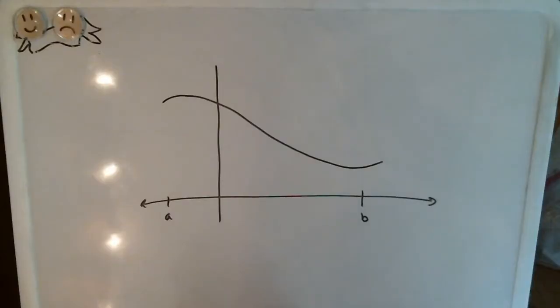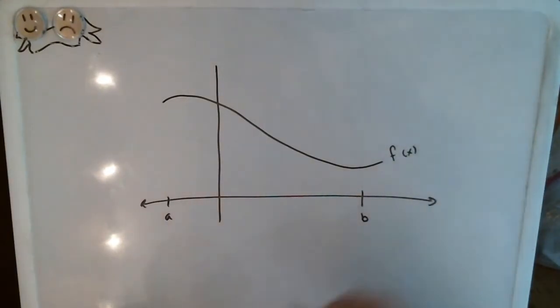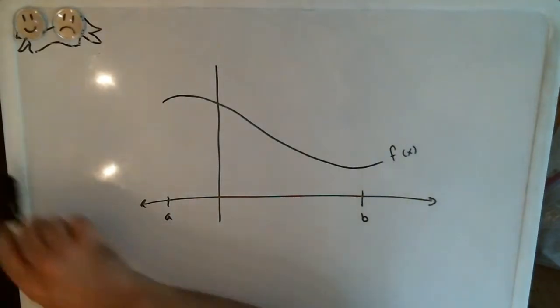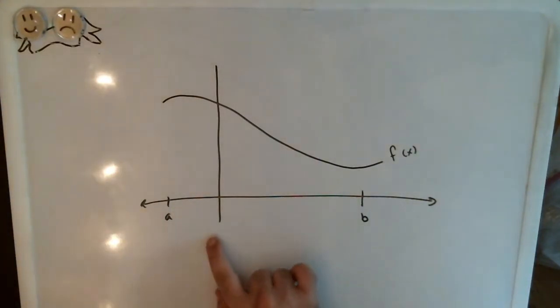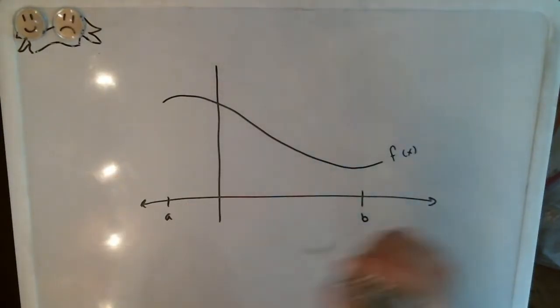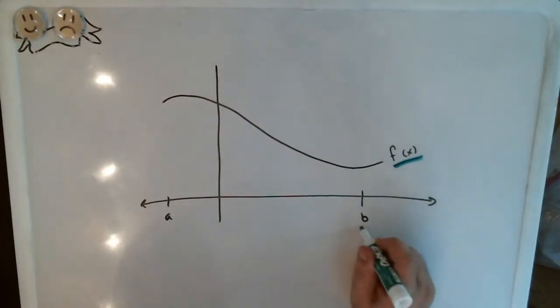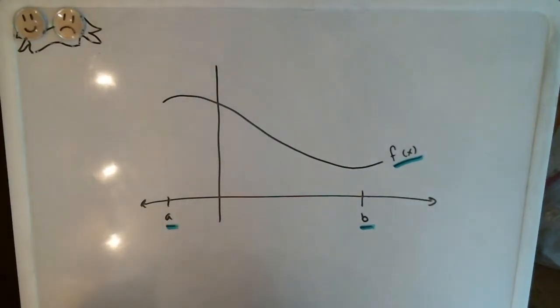Okay? So what I've got first off here is I've made a little doodle. I have an interval from A to B, and I've got a function f of x. And what I'm using the green marker for here is that I know what f of x is. It's given in the problem or the setting. I know what B is, and I know what A is.